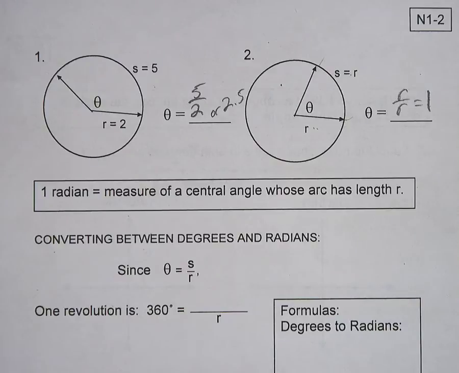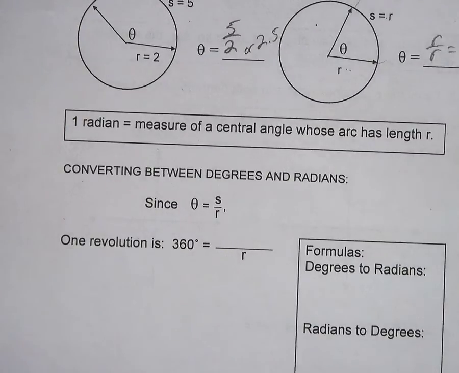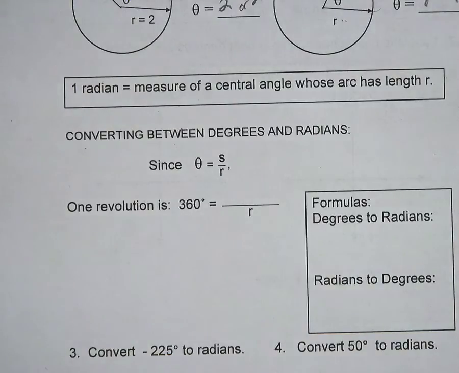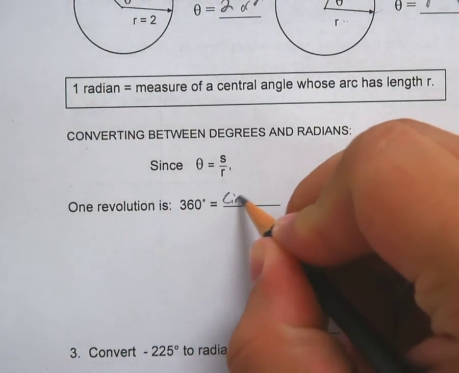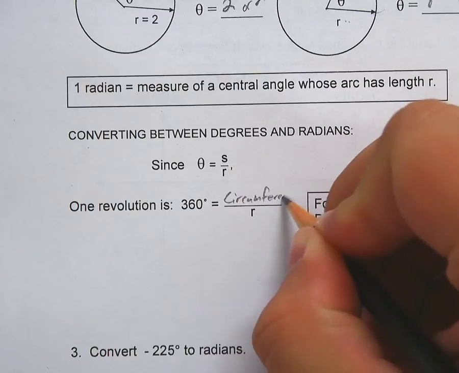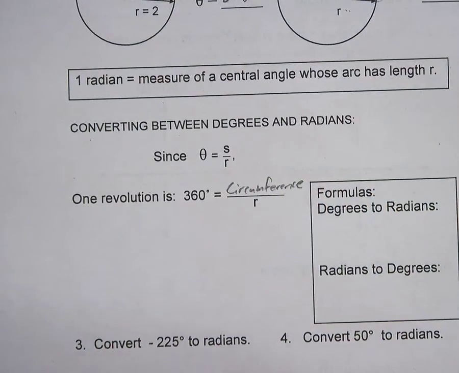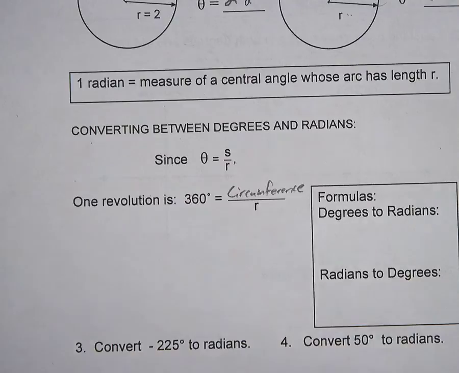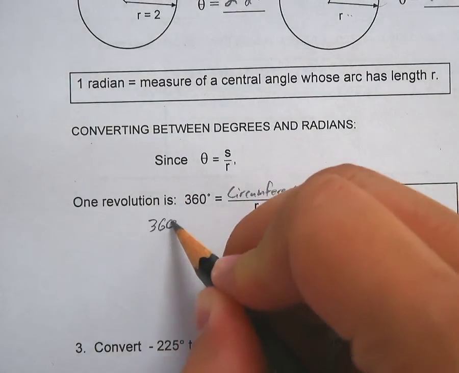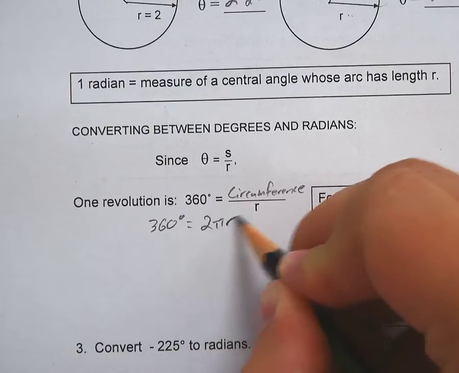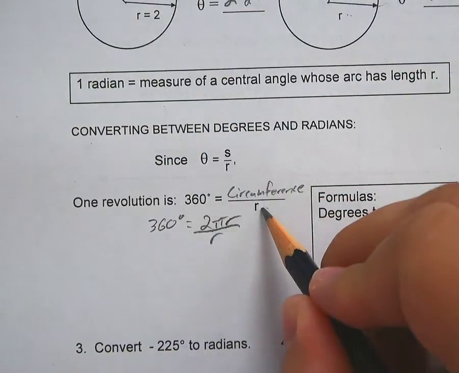So let's talk about converting between degrees and radians. Since theta is S over R, and 1 revolution is 360 degrees, we take our radian measure, the circumference, the distance around the circle, and divide that by R. Your formula for circumference is 2 pi r, and you're dividing that by r.